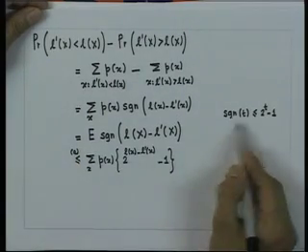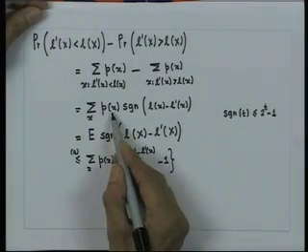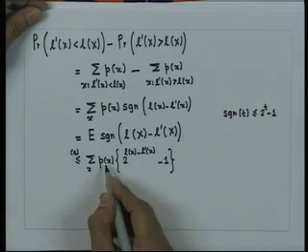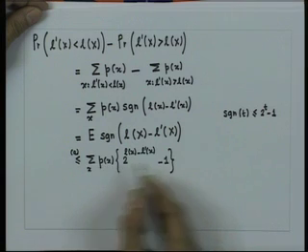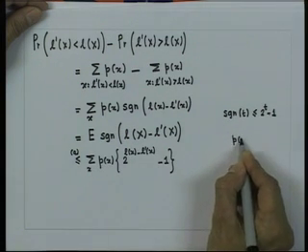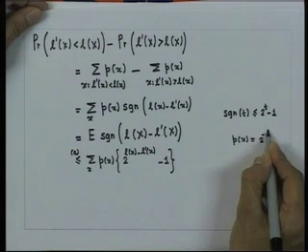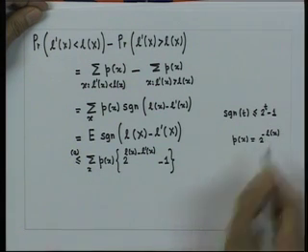Now, based on this we have come from here to here. This I can simplify because my p(x), being a dyadic probability mass function, is nothing but 2 raised to minus L(x).